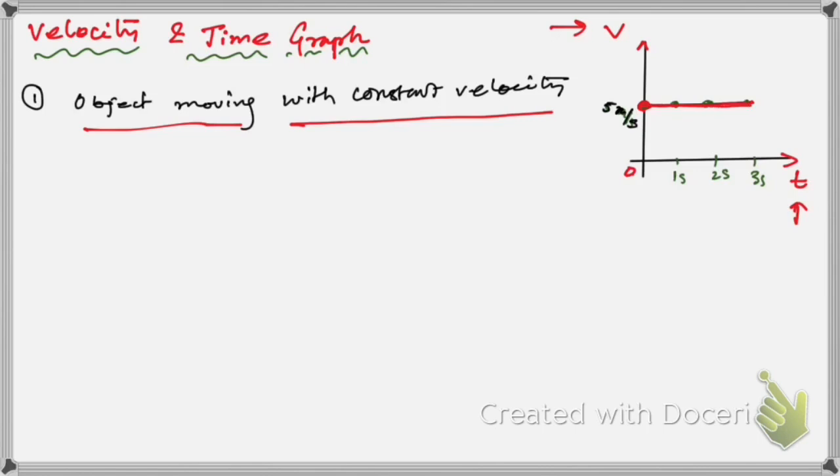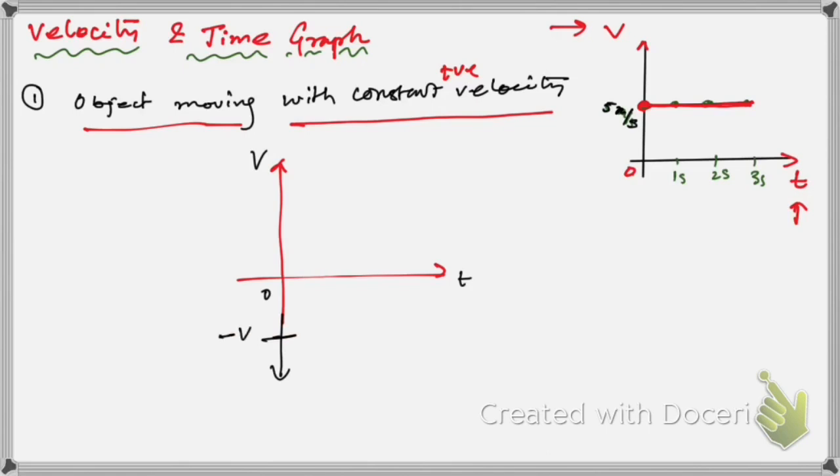Now what if an object is moving with constant velocity but negative velocity? This is positive velocity, right? So what if it is moving with a negative velocity? Here this is the time axis, this is the velocity, and this is 0. Suppose this is negative v.